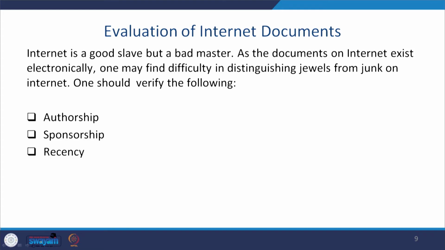Fine. It actually provides you lots of information, but the information that exists electronically, of course, we may be able to find, but then you need to understand how you can segregate jewels from junk on the internet. Because of the easy accessibility, everyone can add to it.